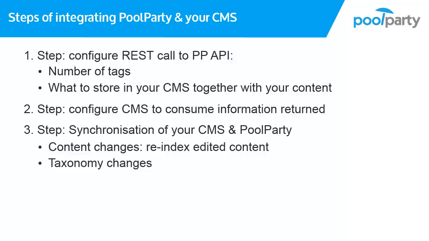Changes to your taxonomy are more difficult to synchronize because they potentially affect your entire content base. There are different strategies how to achieve optimal synchronization of your tags with your PoolParty taxonomy. Choice of strategy depends on the available functionality within your content management system.